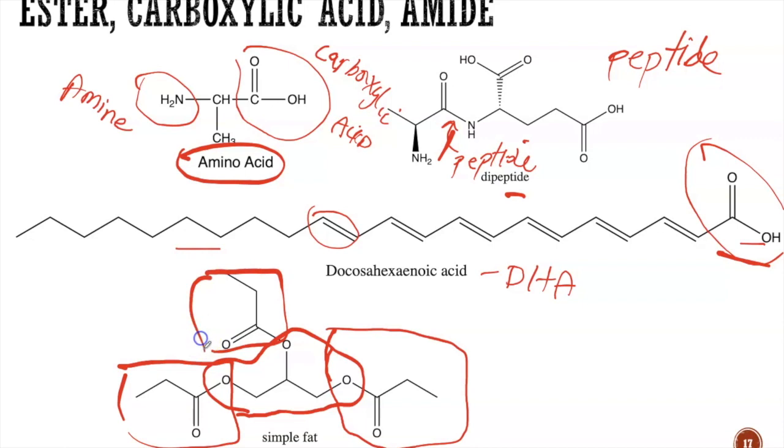So here is how the ester and the carboxylic acid and the alcohol all combine together to make this new simple fat structure. So these functional groups are not just in isolation, they're really important in the making of biological molecules inside your body.